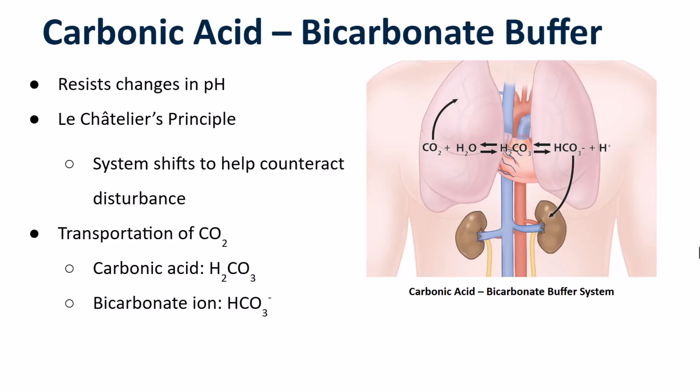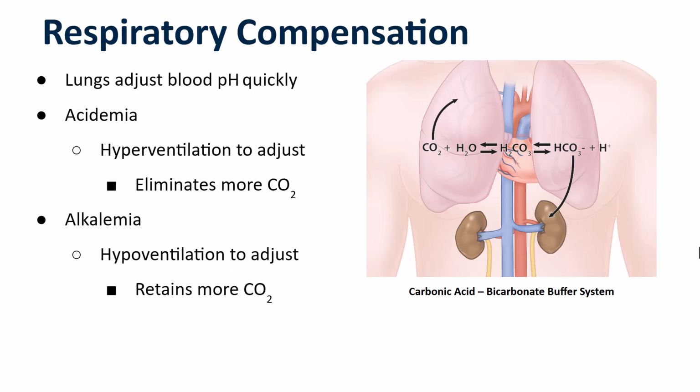So let's consider for a second then that carbon dioxide is contained within both carbonic acid and bicarbonate ions, and so they are part of the transportation of carbon dioxide through the blood.